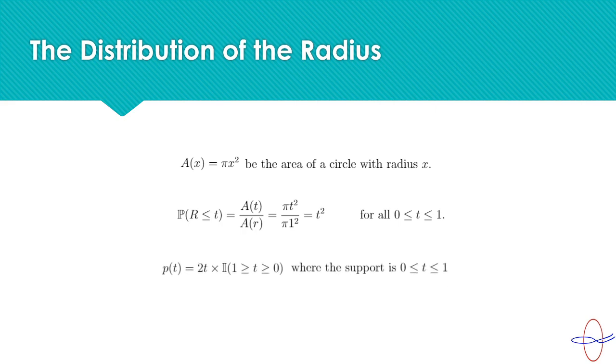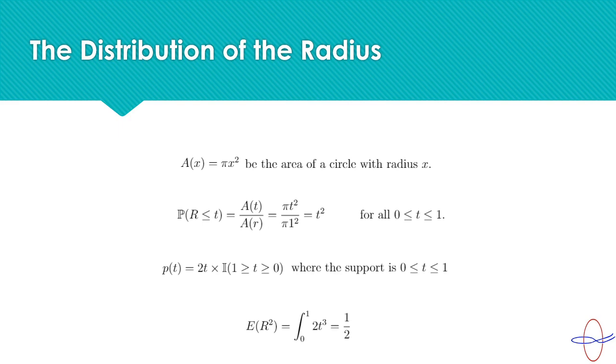This implies the probability density is 2t, where the support is between 0 and 1, right? So all of you understood this, and you can understand from the d square idea that we need to calculate the expectation of r square. So that's why you need to calculate this, and it's just a simple integral and it's half.